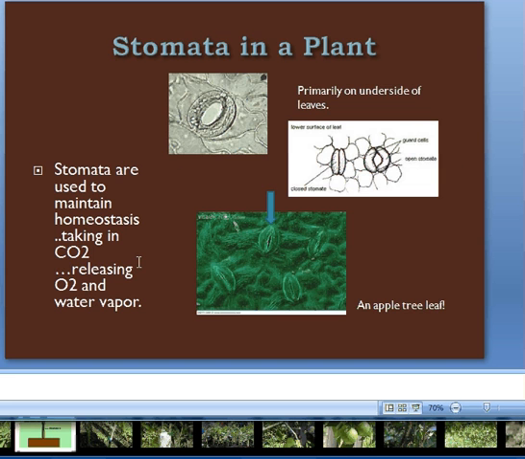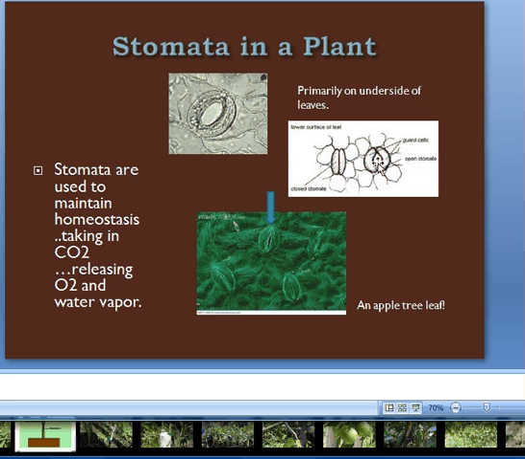Stomata in a plant, you probably remember these. They are most predominantly on the bottom layer of a leaf, so on the underside of a leaf is how I should have stated that. These are little holes, and they have little guard cells on the side.